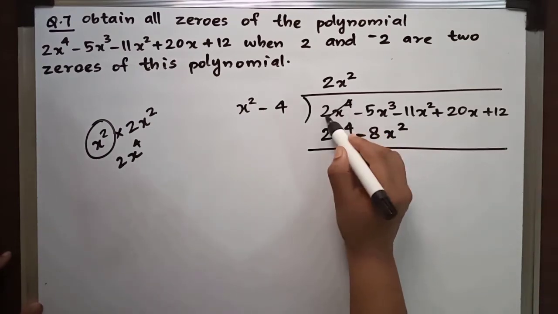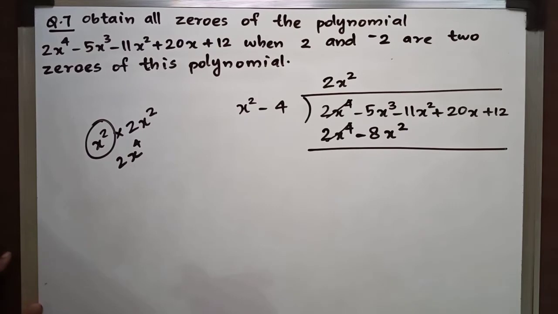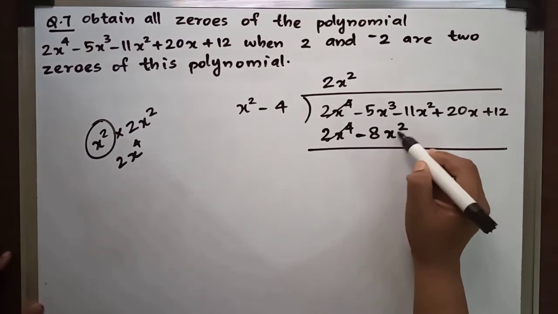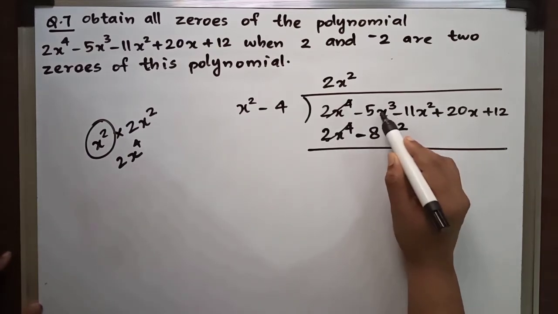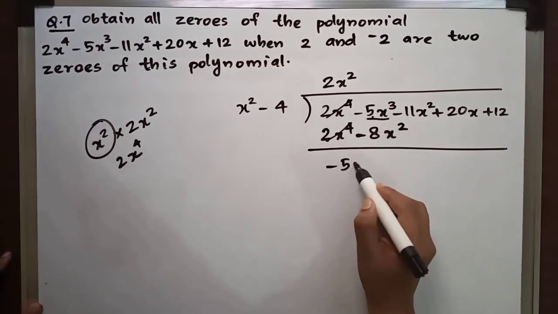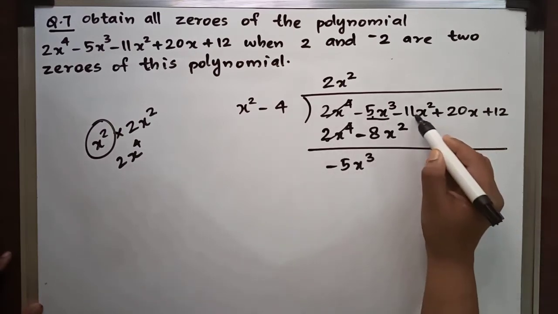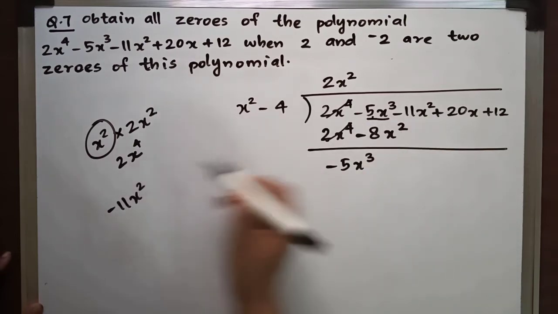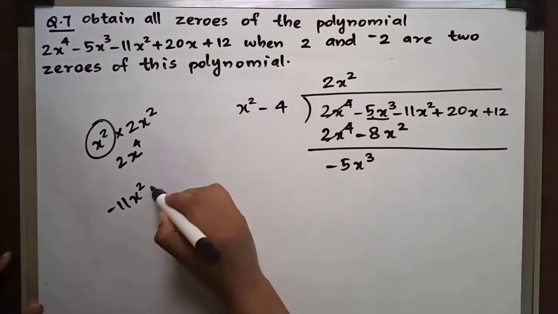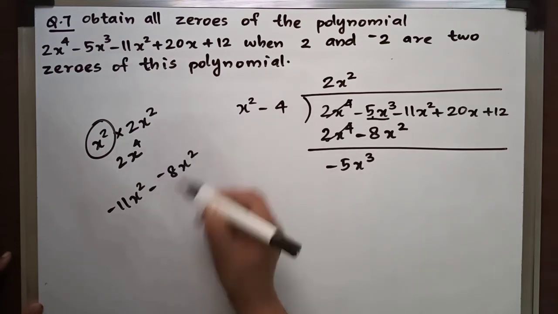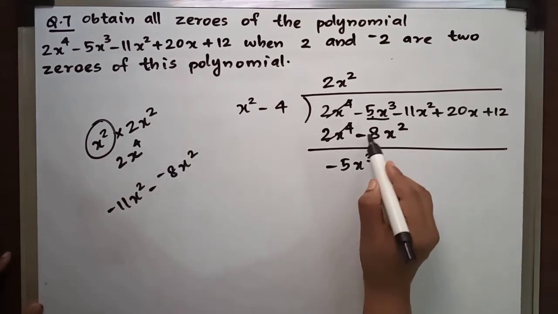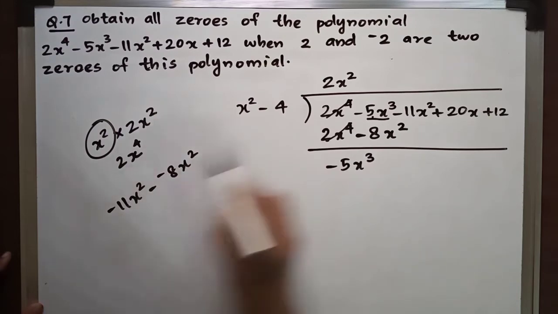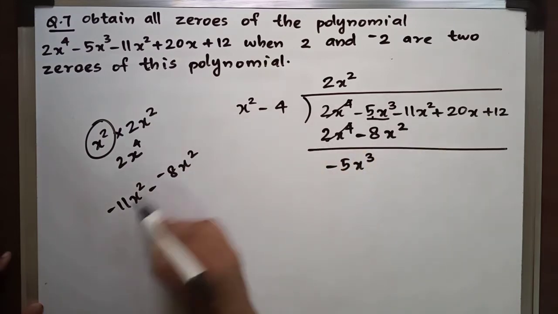Here 2x raised to 4 and 2x raised to 4 will get cancelled. Now here there are no x cube terms, so this term will come here, minus 5x cube. Now minus 11x square is there, minus 8x square. This minus 8x square is here and this minus 11x square is from here.